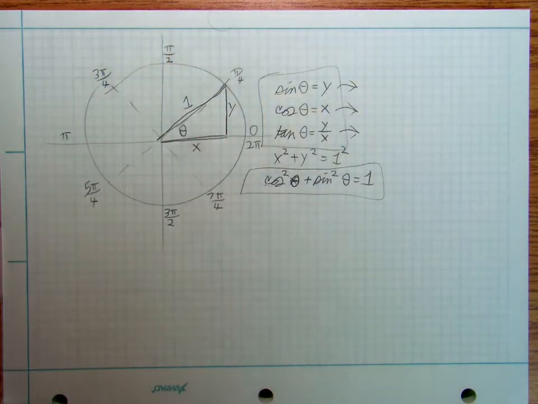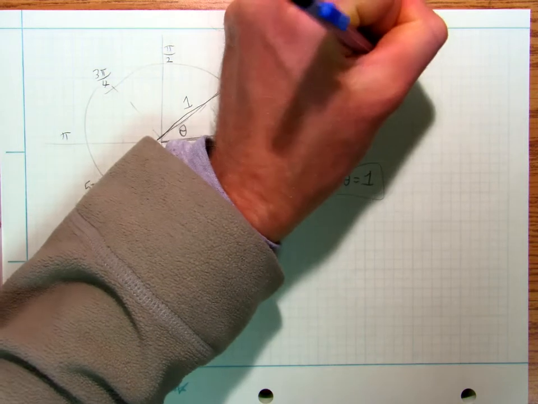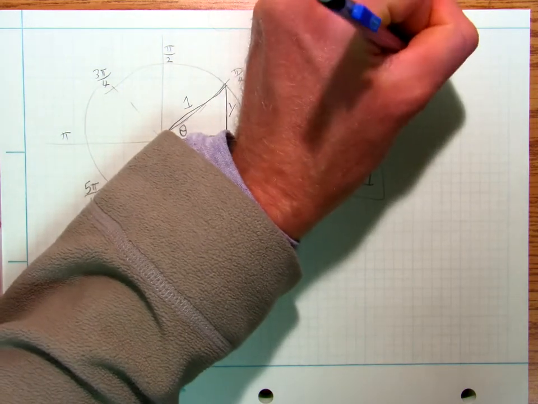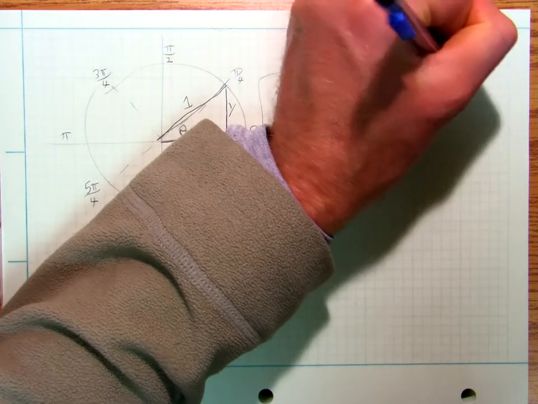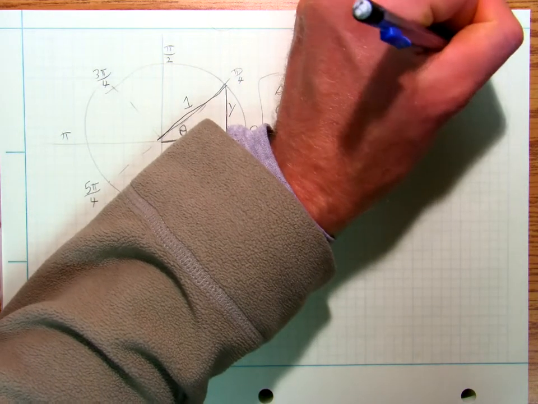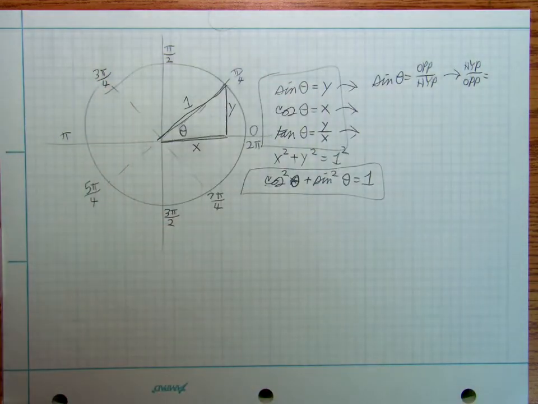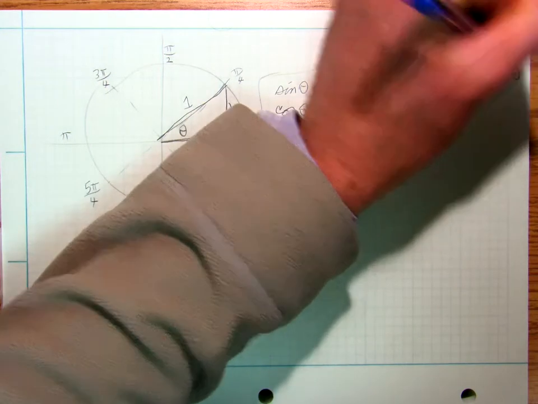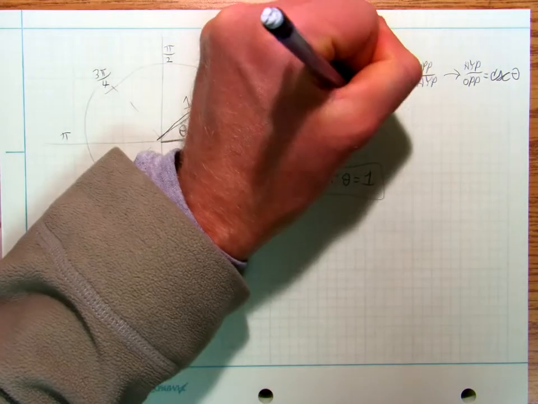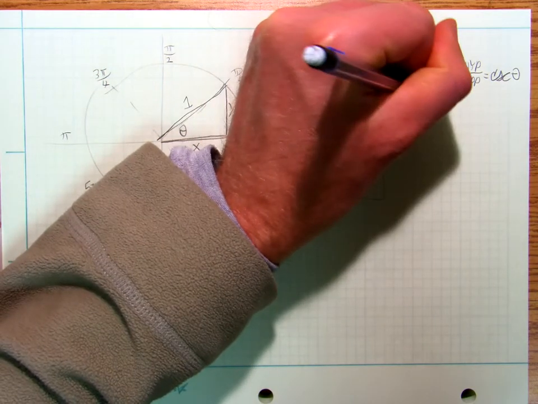So what are the reciprocal ones? Let me write it this way. Sine of theta is equal to opposite over hypotenuse. And then hypotenuse over opposite is equal to what? Cosecant theta. Cosine theta is equal to adjacent over hypotenuse.